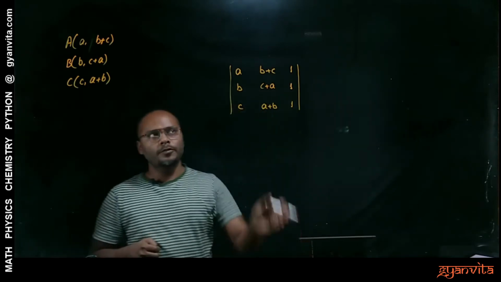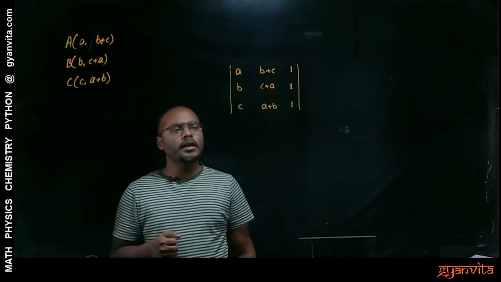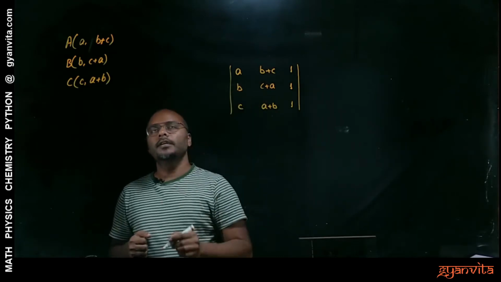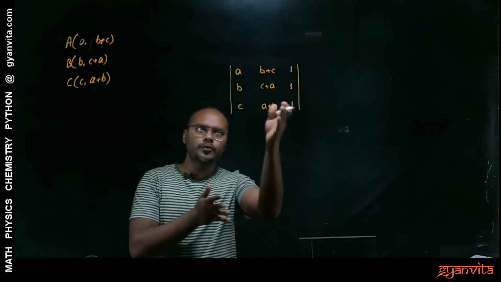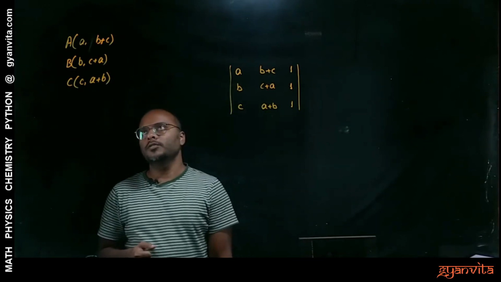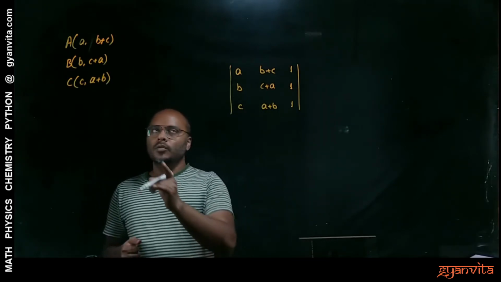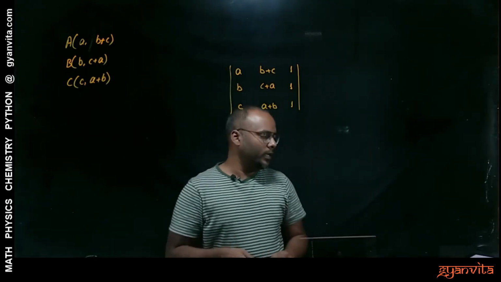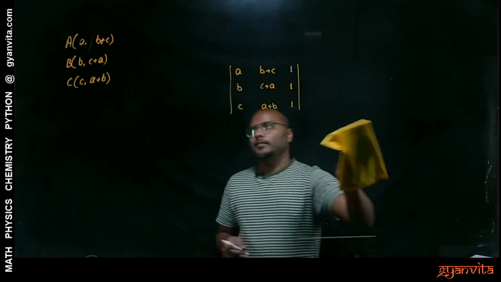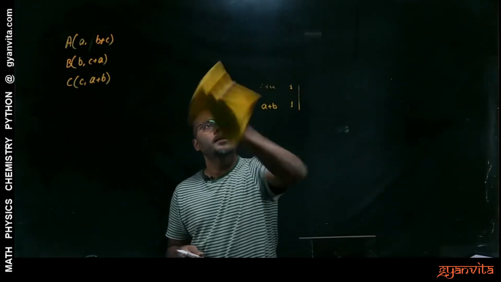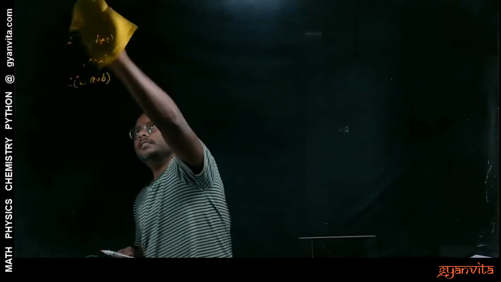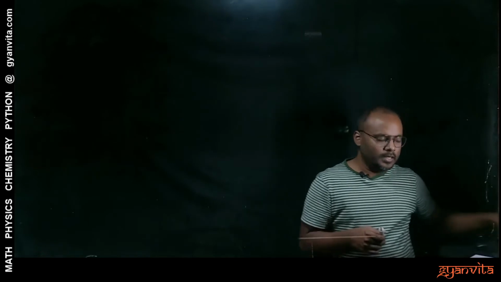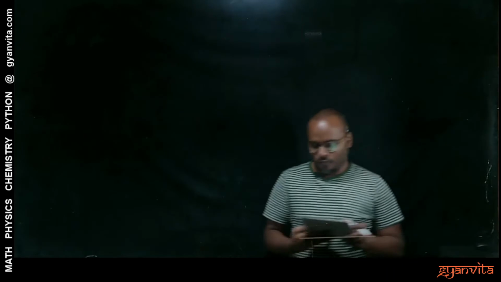Okay, if you find this determinant, it will be 0. You just have to prove that this determinant is actually equal to 0, right? So I'll leave it to you to solve this problem. If you have any doubt in this problem, you can ask me. I'll solve it later. Okay, so these are different types of questions which you can expect from determinants and the area formula, right?